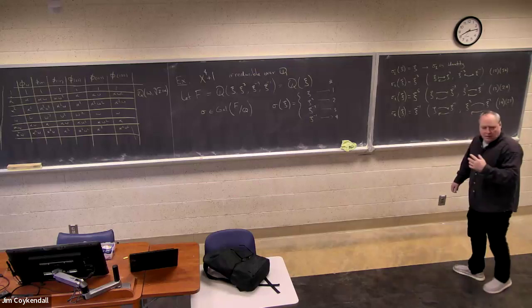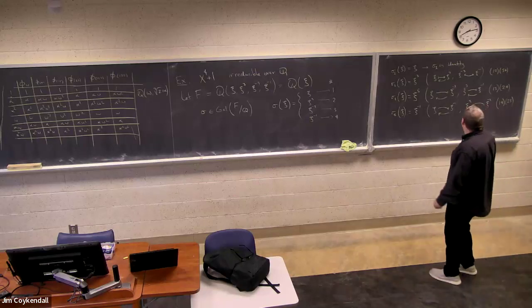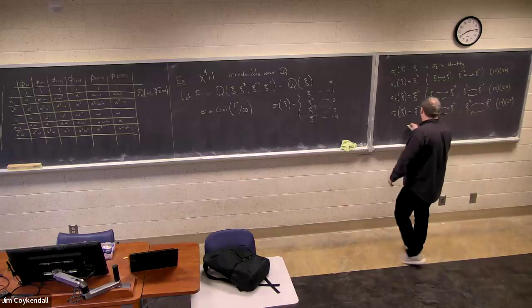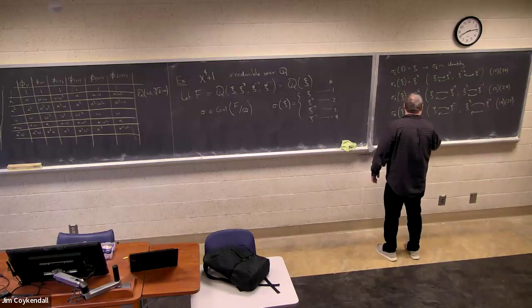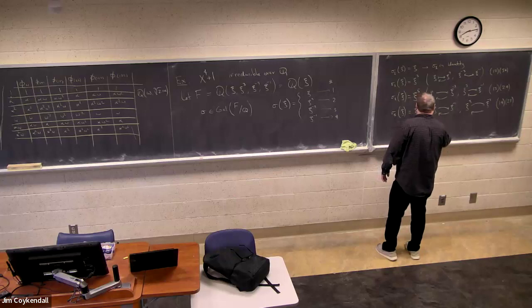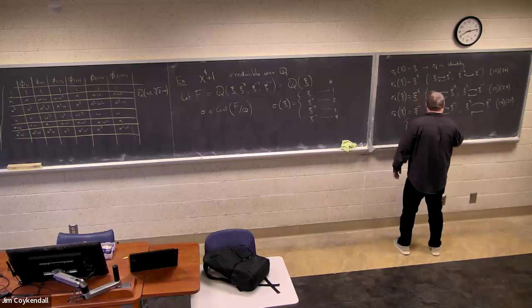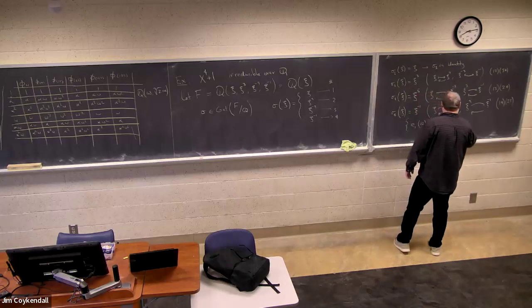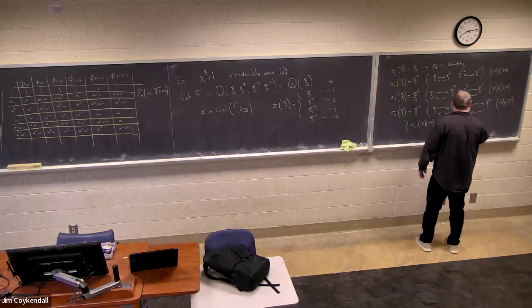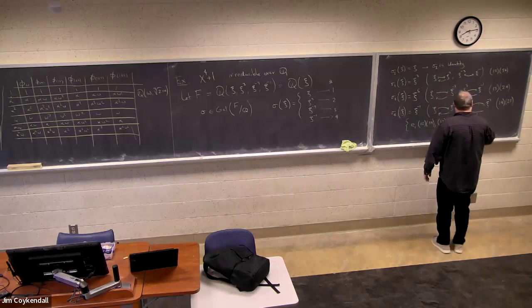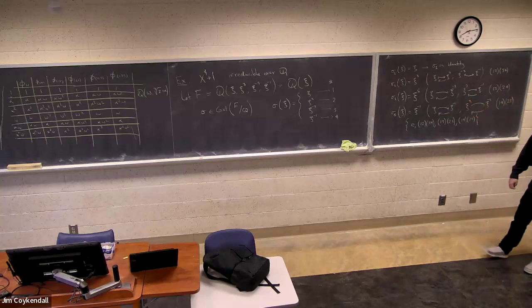But let me notice something about this. The Galois group here, thought of as this permutation group, what's this isomorphic to?